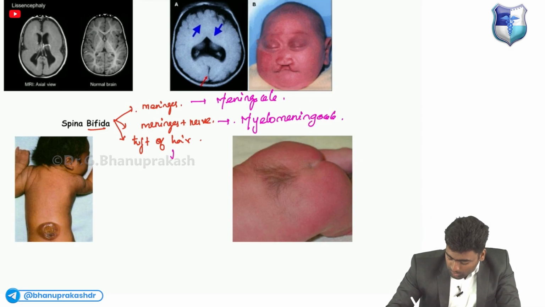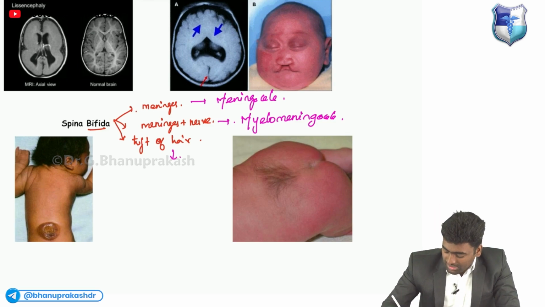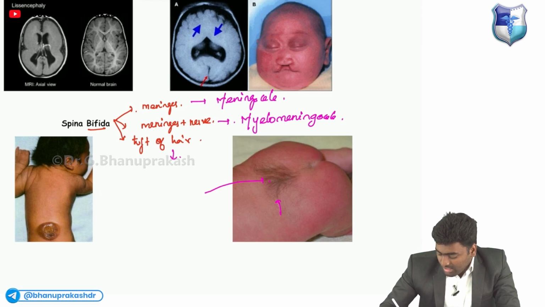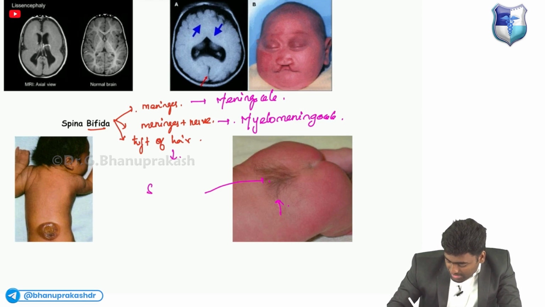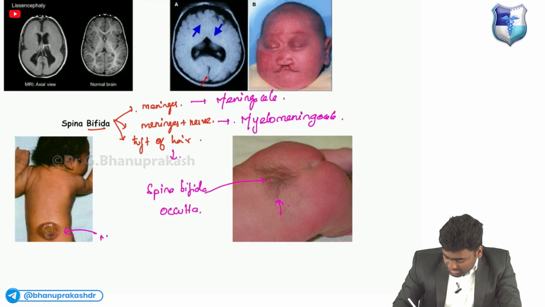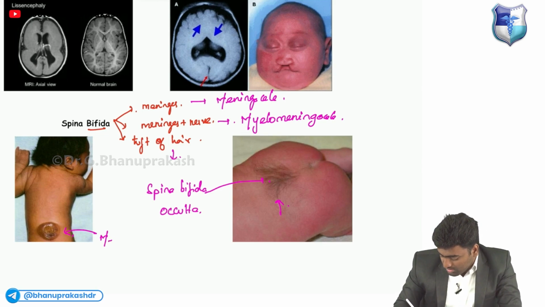And next, I told you there is no outside defect, but if you are able to see a tuft of hair in the sacral region or around the sacral region in the posterior aspect, it is the spina bifida occulta. And this is how meningocele and myelomeningocele occur. If there are nerves present, it is myelomeningocele, and if there are no nerves, it is meningocele. Just remember.